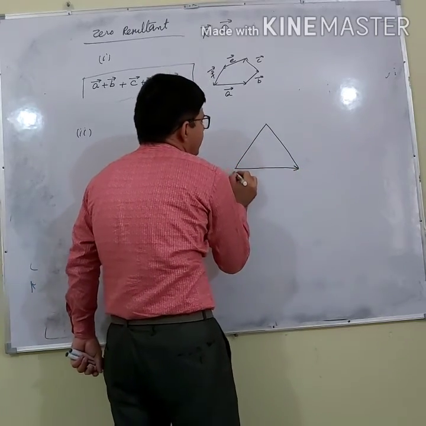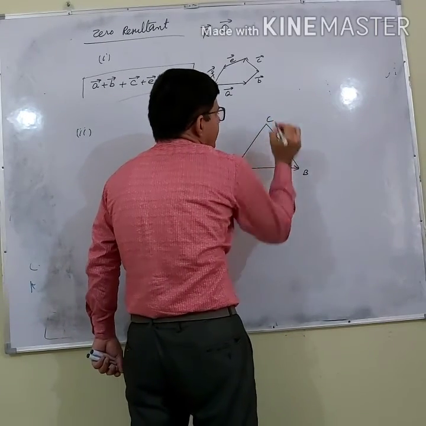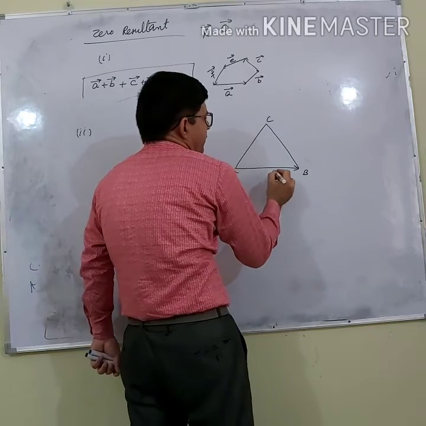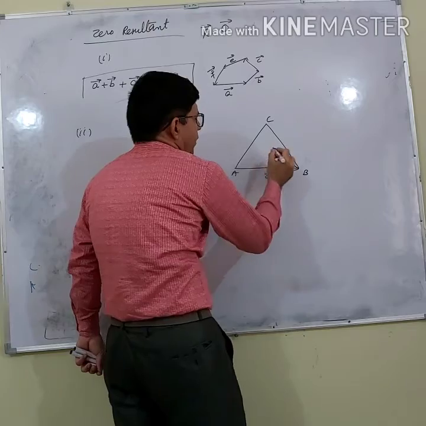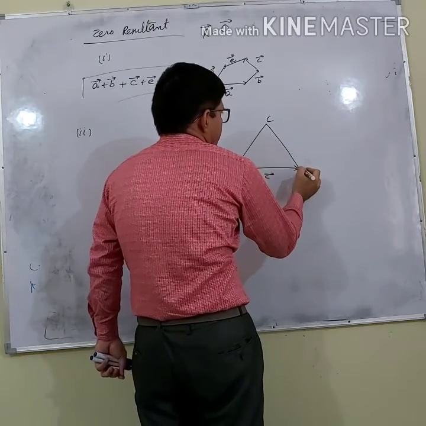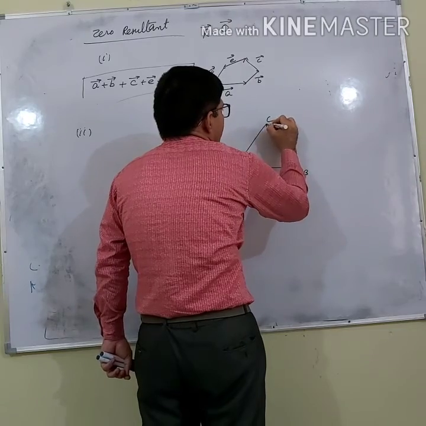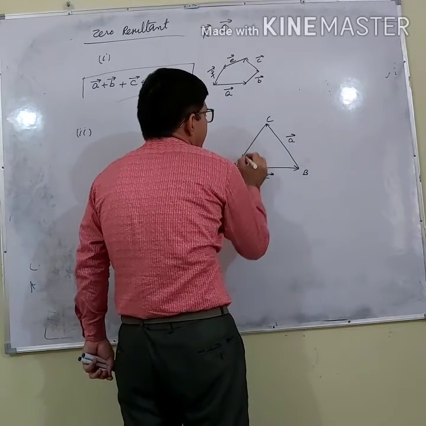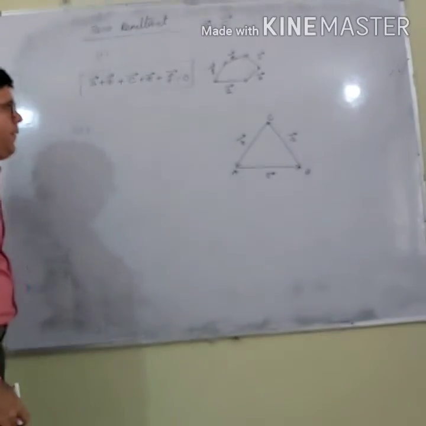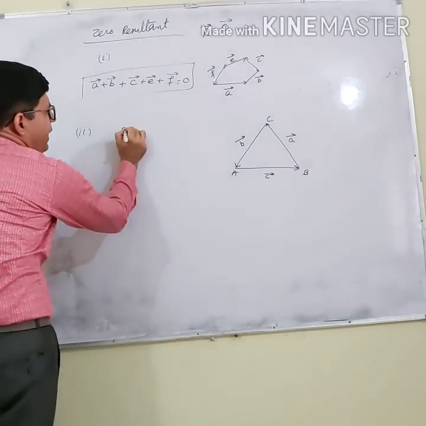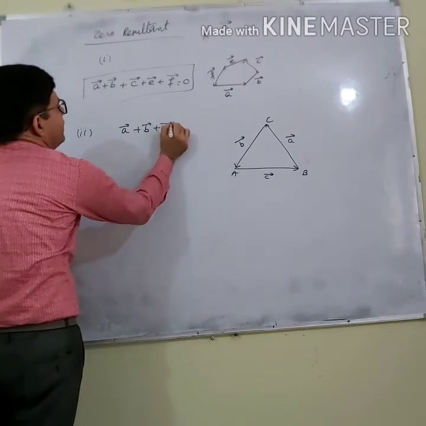If I say this is the triangle ABC, and AB equals vector C, BC equals vector A, and CA equals vector B. Now I know that A plus B plus C is 0.